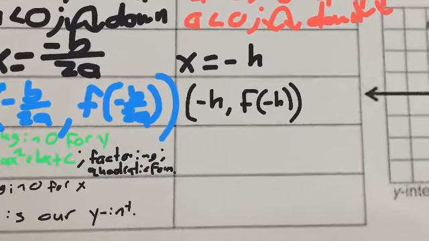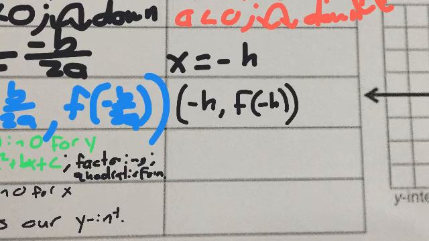Okay, the next one is where do the x-intercepts happen? It's the same idea. You would plug in 0 for y and solve. But I'm just going to be real honest with you. We're not going to normally find our x-intercepts. Well, I say that.